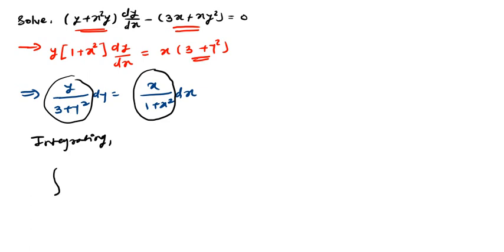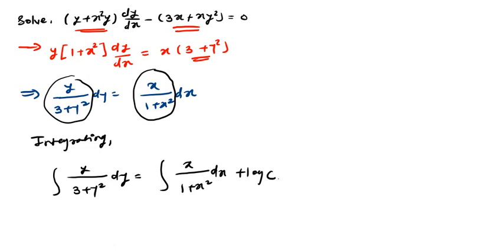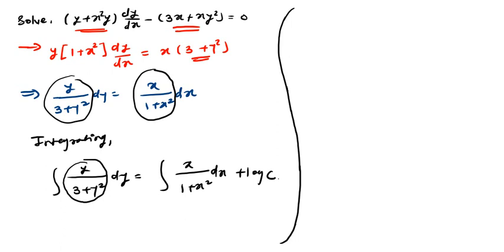So this will be integration y upon 3 plus y square dy equal to integration x upon 1 plus x square dx plus, suppose, log c. Again we need to use the derivative function upon its function formula. We have this formula, integration f dash of x upon f of x dx is what? Log of f of x plus c.